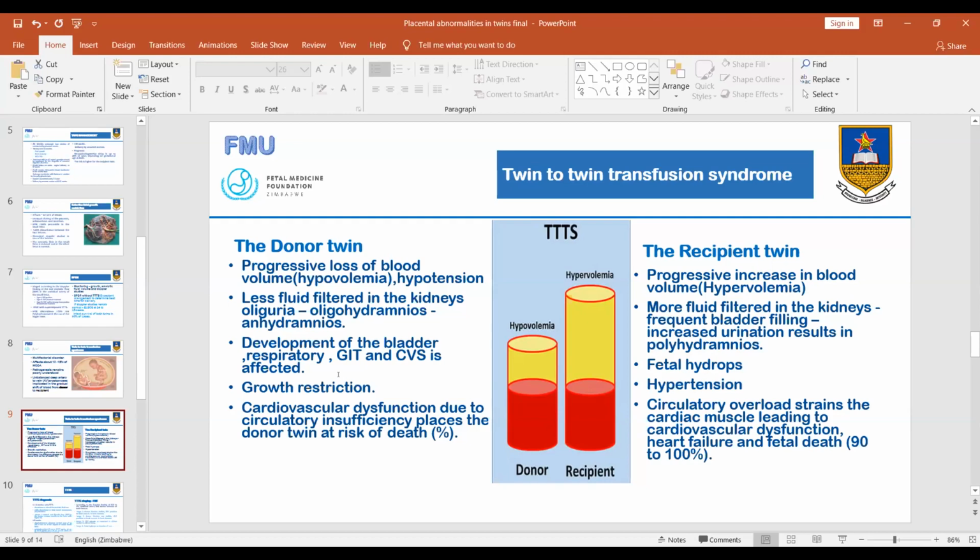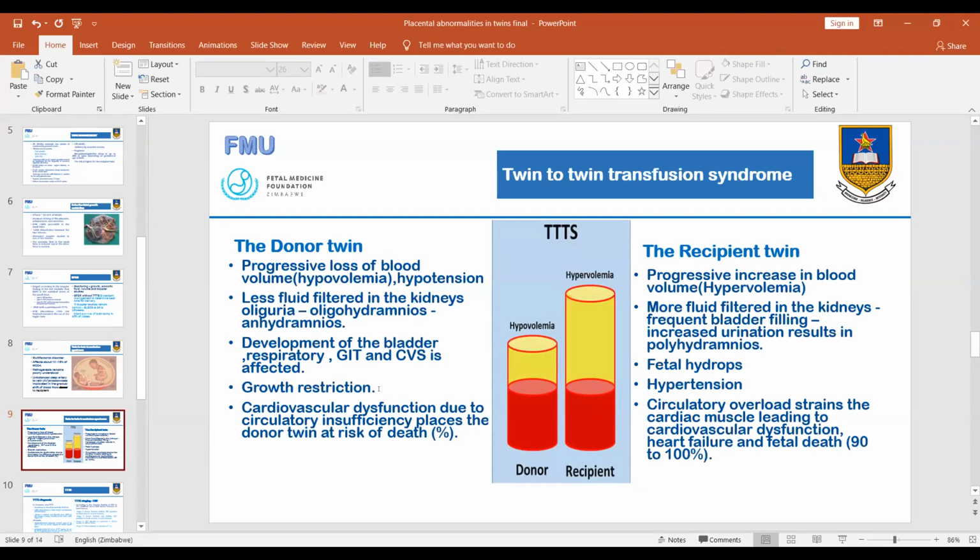Because of the reduced amniotic fluid volume, we end up having disturbances in the development of the bladder, urinary system, the respiratory system, the GIT, and the cardiovascular system as well.